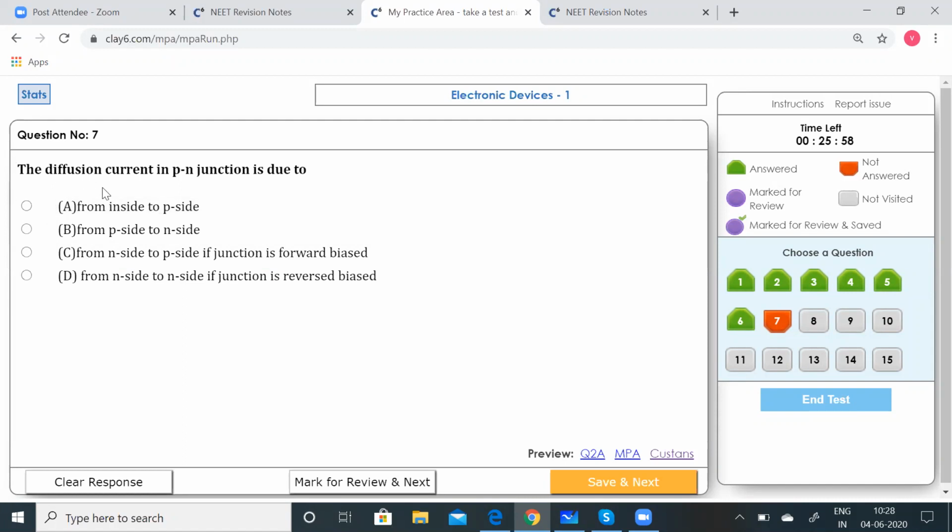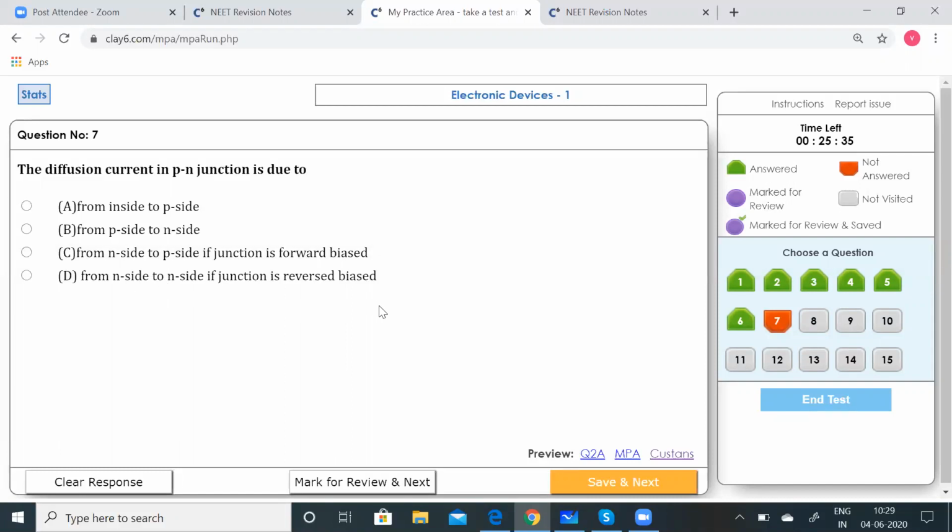The diffusion current in the PN junction is due to: from N side to P side, from P side to N side, from N side to P side if the junction is forward biased, or from N side to P side if the junction is reverse biased.